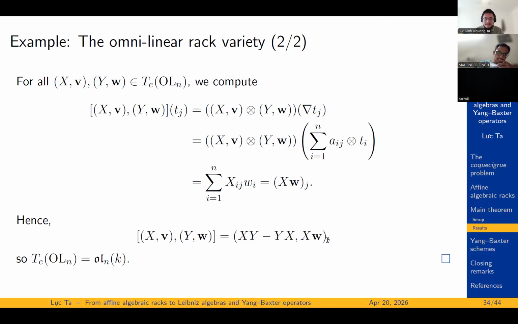Having that, since that's true for all j, you get this formula here, which is exactly the definition of the Leibniz bracket of little o, the omni algebra. So that is how you prove that analog of the OLN example over R or C, over arbitrary fields.